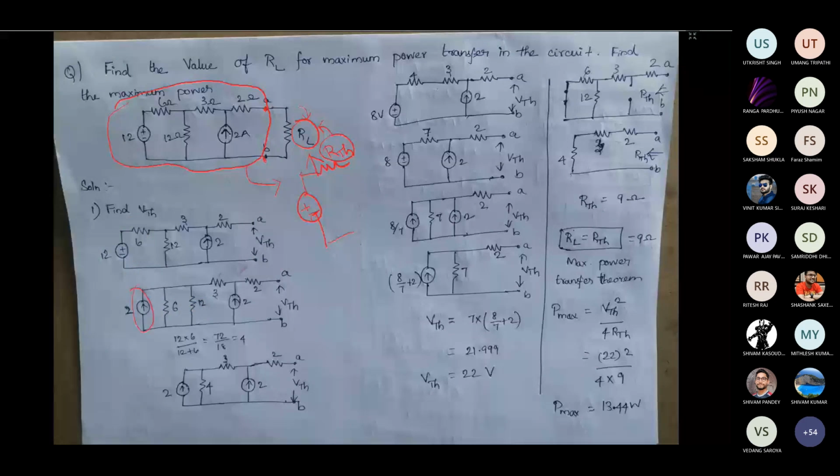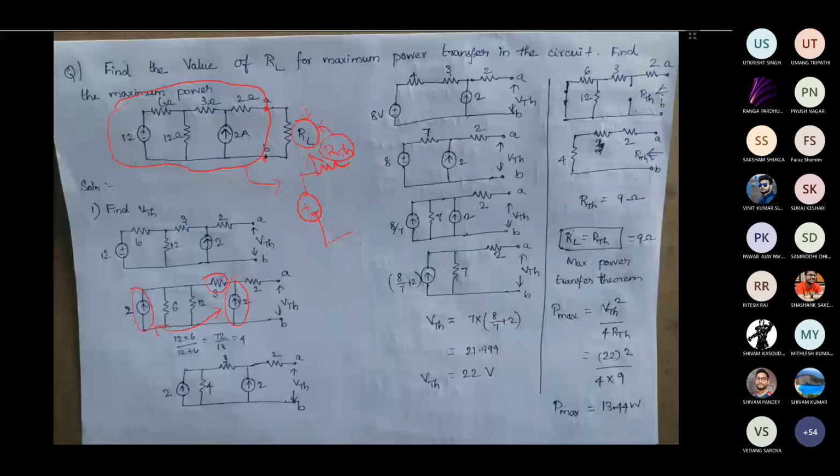But here, these two current sources are not in parallel, because there is a resistor in series between them, so you cannot consider them as parallel elements.